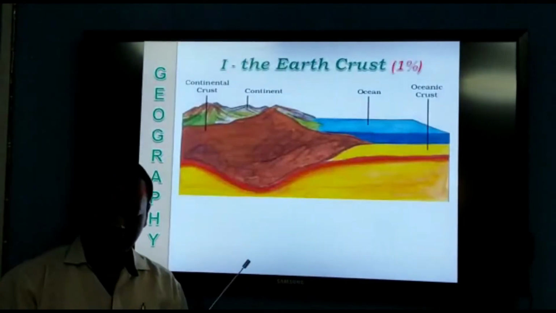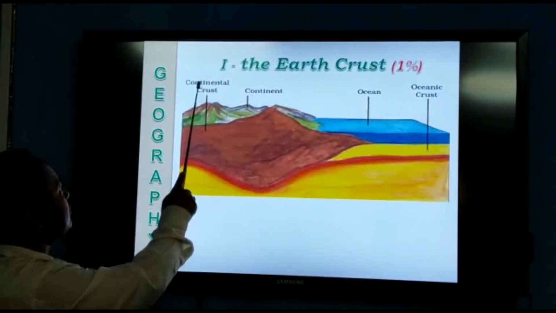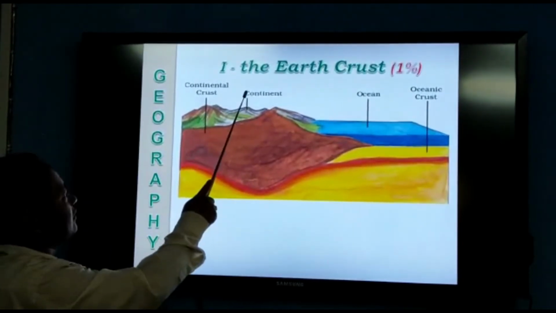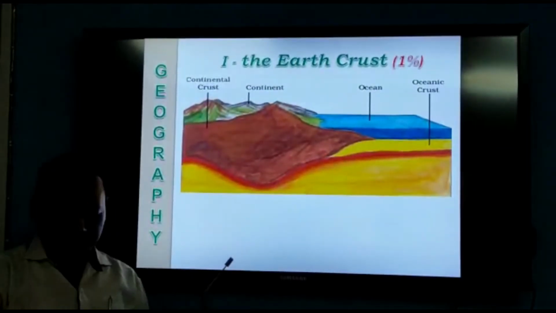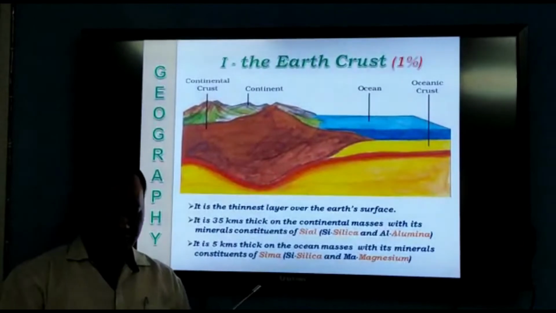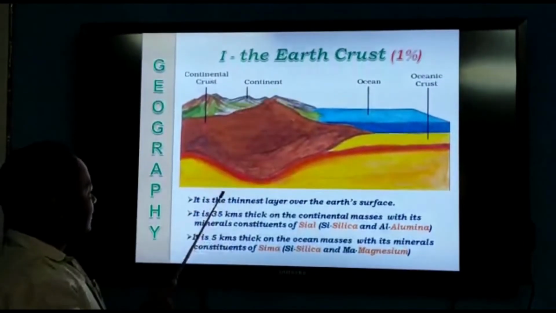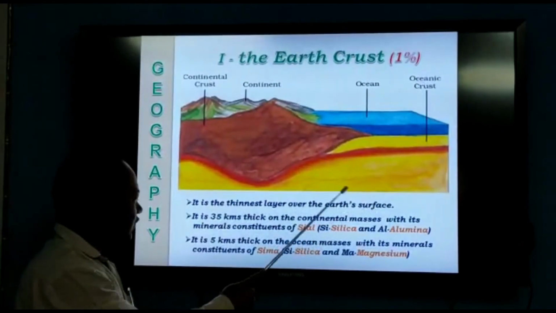Firstly, let us go to the first, that is the crust of the earth. In the earth's crust we have the continental crust and the oceanic crust. The earth's crust is the thinnest layer over the earth's surface.